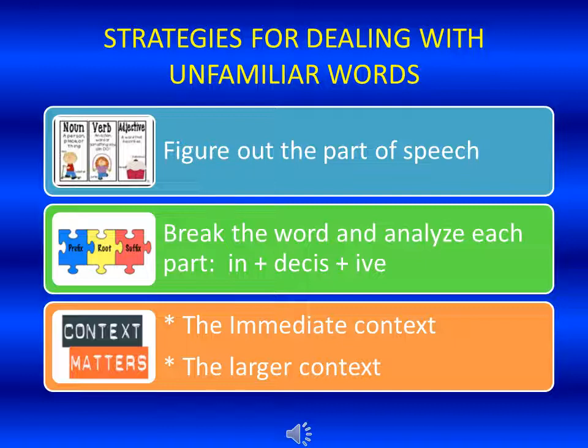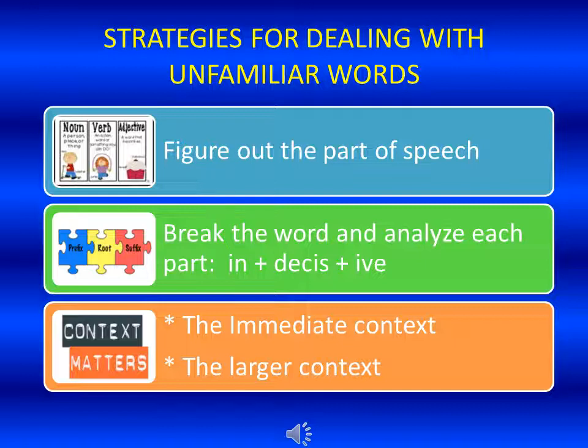So look at the suffix, and they are quite helpful in helping you realize what kind of word you're dealing with. Also pay attention to the prefix, the part of the word that comes before the root. In this case, IN. You know that IN means no or not.